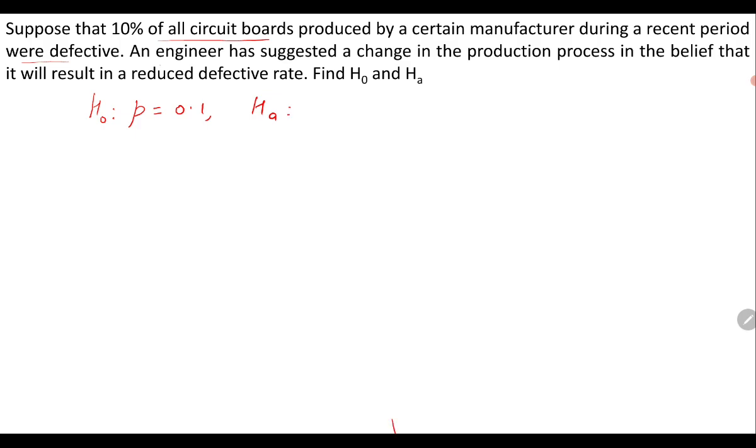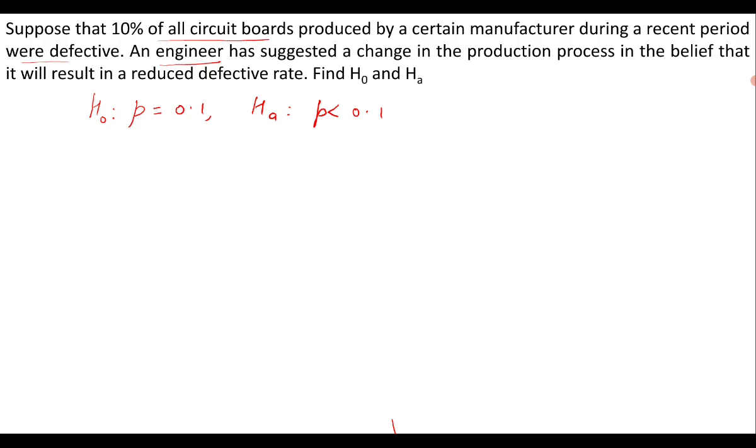The engineer has suggested a change in the production process in the belief that it will result in a reduced defective rate. Reduced defective rate means the probability should be less than 0.1. So this is how you identify H naught and HA.